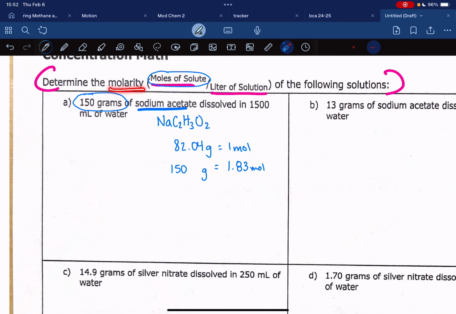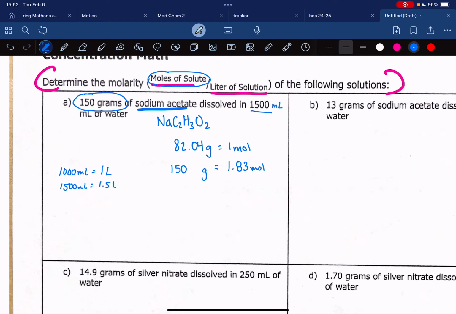To get molarity, we need to take that moles and divide it by the liters of solution we got. So liters, we know that we have 1,500 milliliters, and I know that 1,000 milliliters is 1 liter. 1,500, that's going to be 1.5 liters. So there we go.